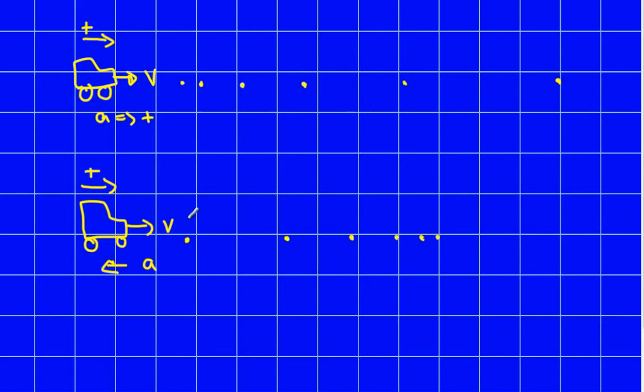Now, what would happen after the stopping point is what we'll discuss later on in the unit. But for right now, the important thing is that when the velocity vector and the acceleration vector go in opposite directions, we get slowing down. And when the velocity vector and the acceleration vector are in the same direction, we end up getting a car that's speeding up.